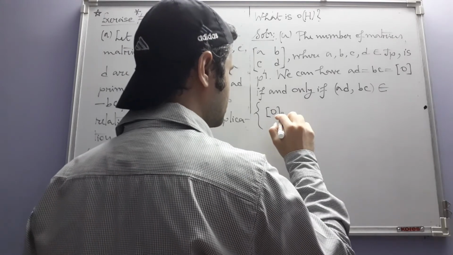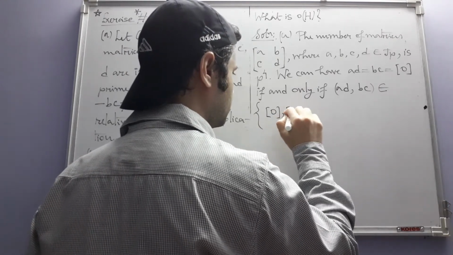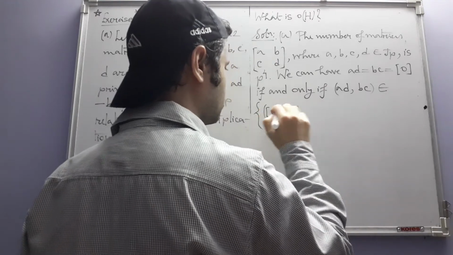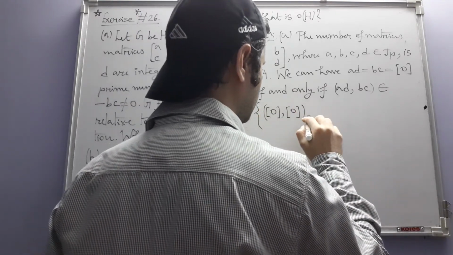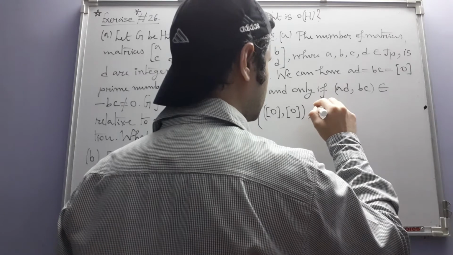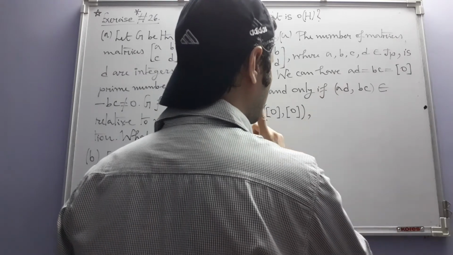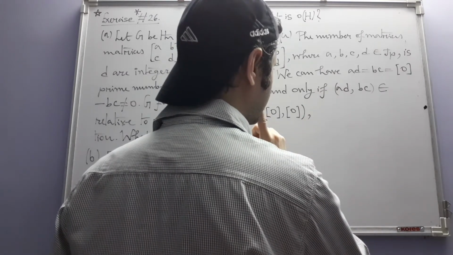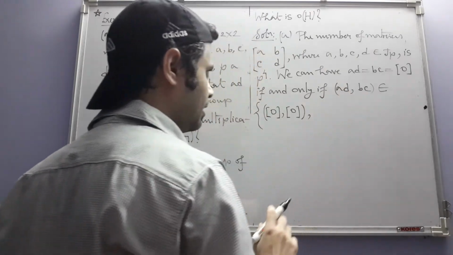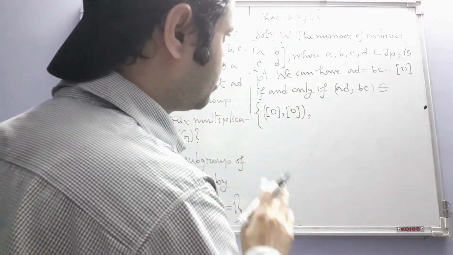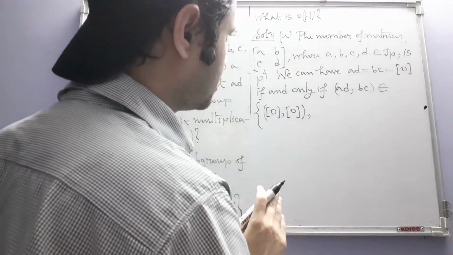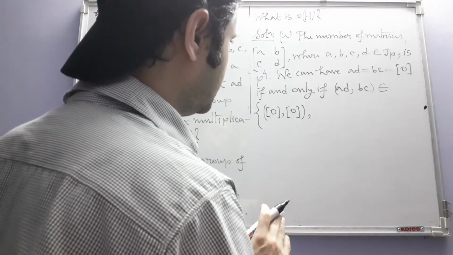Both of them can be 0. Oh, what am I writing? Hold on. I think I have confused myself. I want to write AD equal to BC equal to 0.